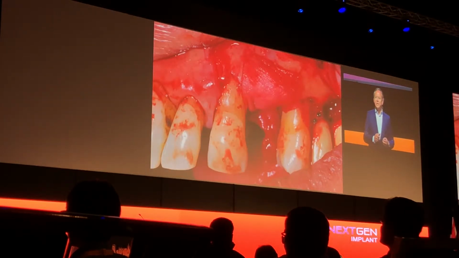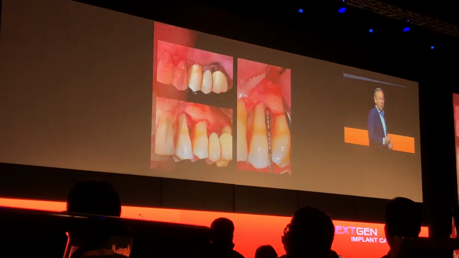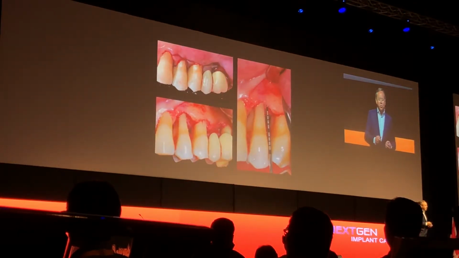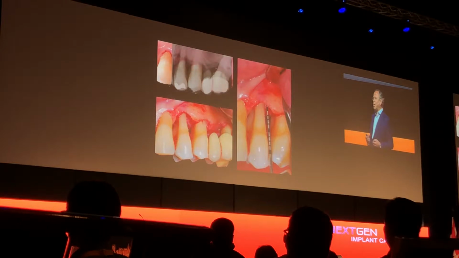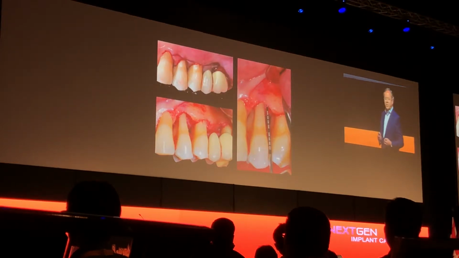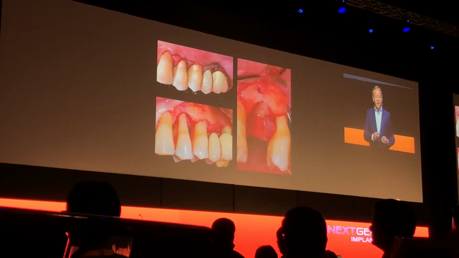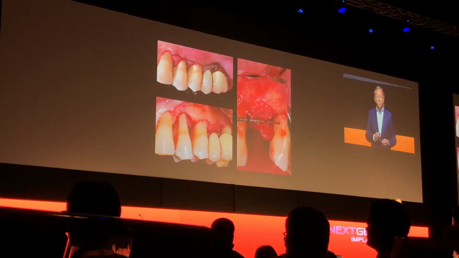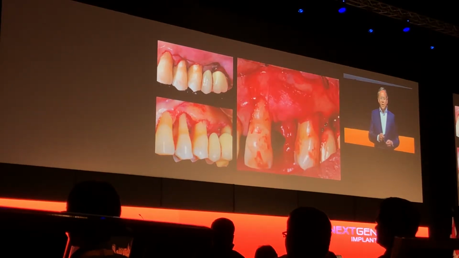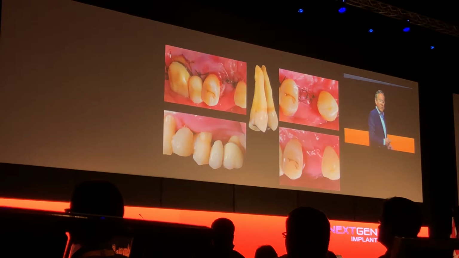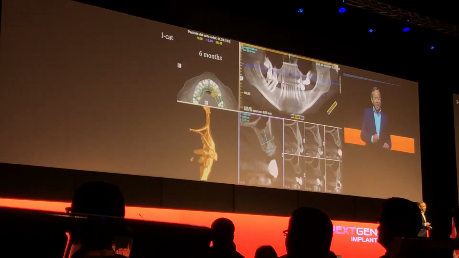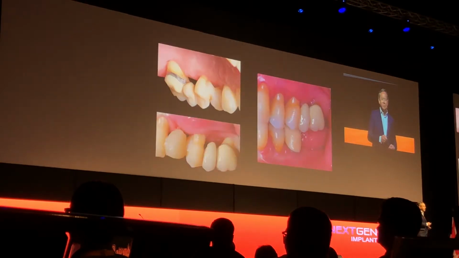I'm going to place my membrane, and of course that will allow, with due time, for the socket to be preserved. And you see the starting point, and you see if I wait 6 months, I will have a full restored crest that I can place my implant.